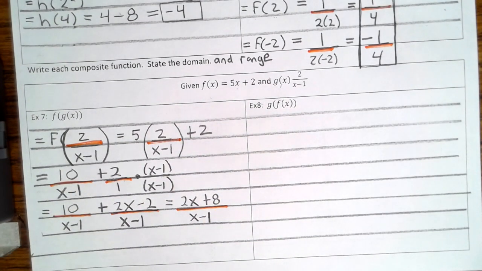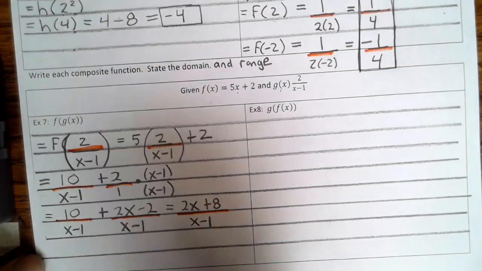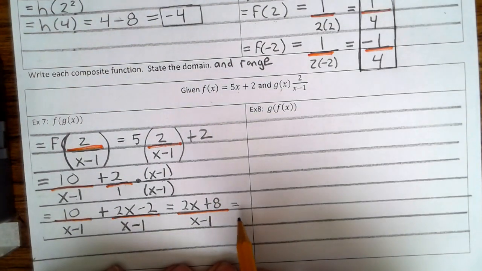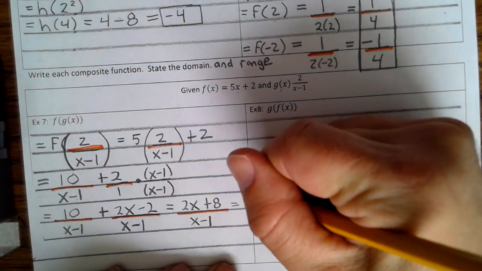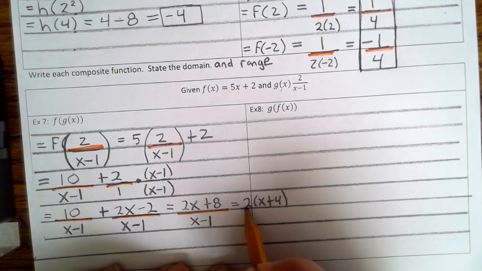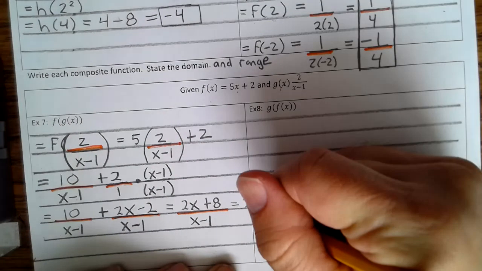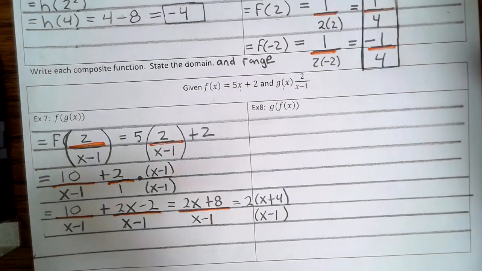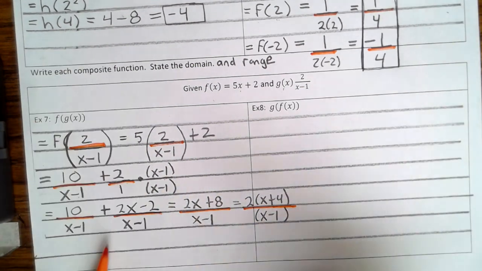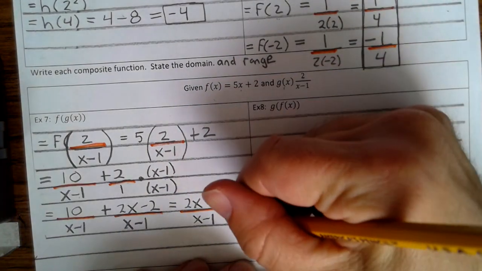So we can factor out a 2 here, which leaves x plus 4 divided by x minus 1. Now, domain and range.